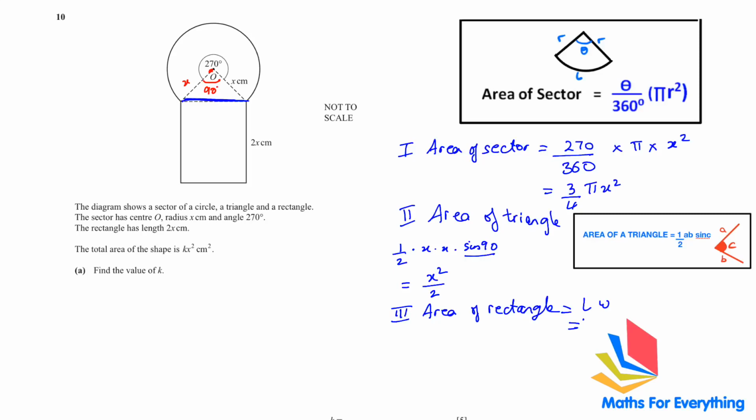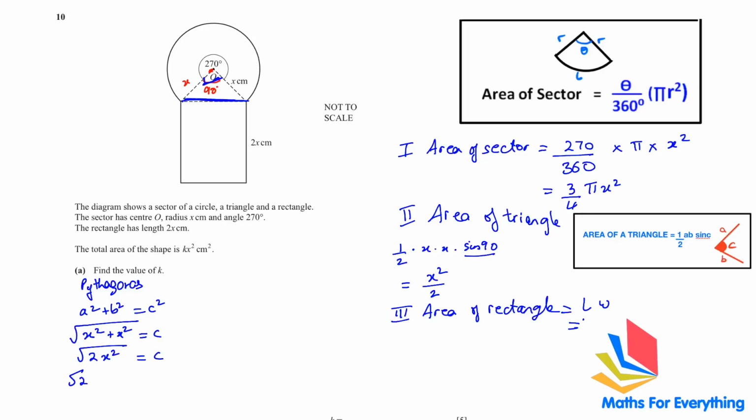By using the Pythagoras theorem. What is the Pythagoras theorem? It is a square plus b square is equal to c square. C square is the side opposite the right angle, or that is our hypotenuse. So we have x square plus x square is equal to c square. So the square can be written as a square root. You will get square root 2 x square is equal to c.